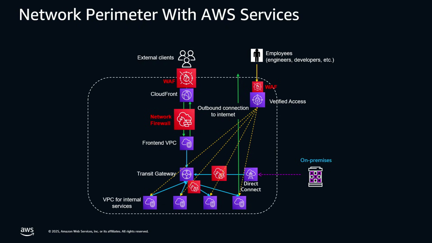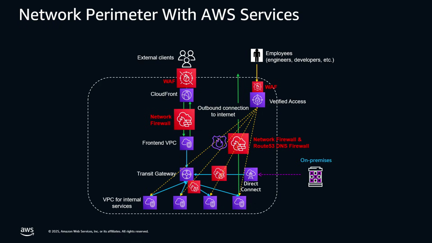We then deploy Network Firewall to inspect north-south and east-west traffic. North-south traffic is the traffic coming from the internet towards our application, and also from on-premises over the DX to our application. And also east-west traffic that is flowing between, let's say, prod to non-prod, or one application to a different application residing across different VPCs. So we are using Network Firewall to inspect all of those traffic patterns.